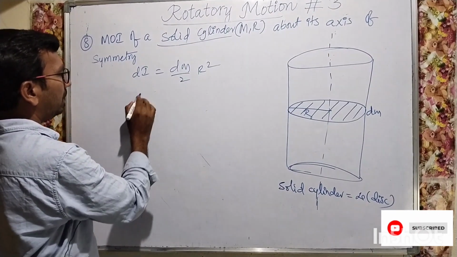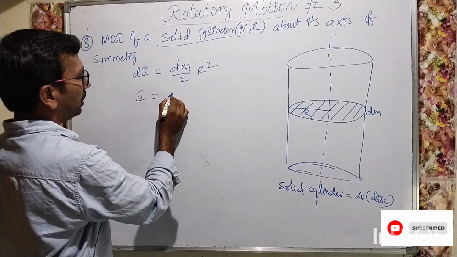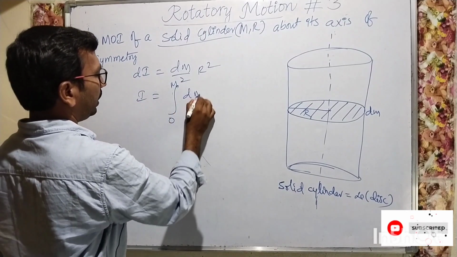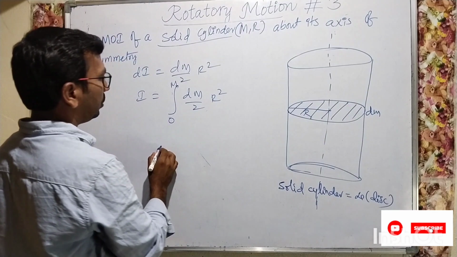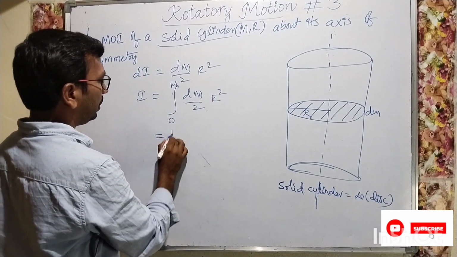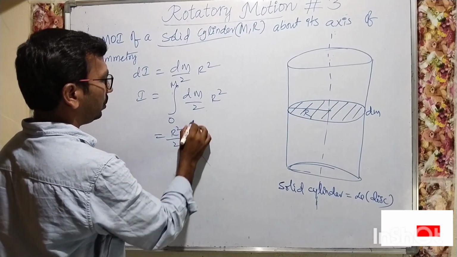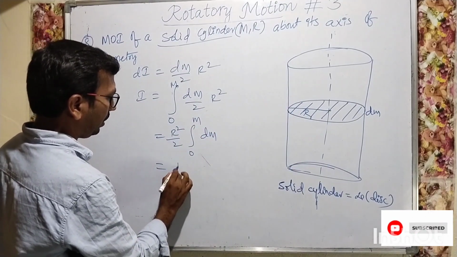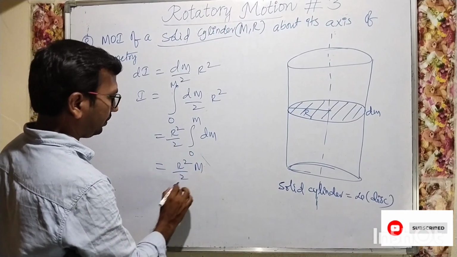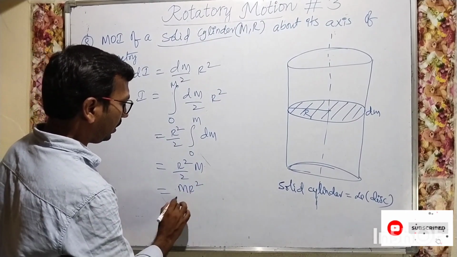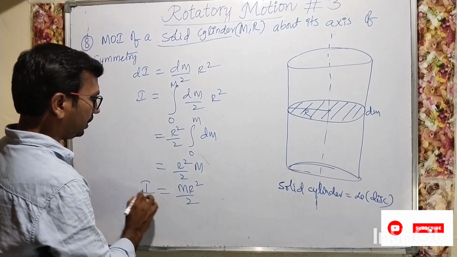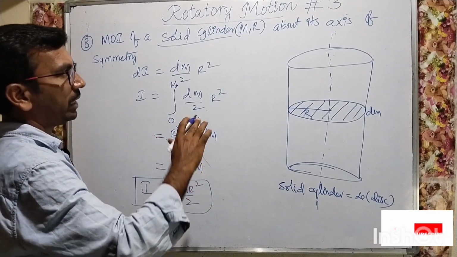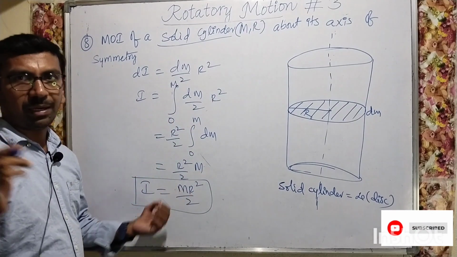You can find the moment of inertia by integrating from 0 to M of (dm/2) R². Here R²/2 is constant, and the integral of dm from 0 to M becomes the total mass, so we get (R²/2) × M. So this is the moment of inertia of a solid cylinder of mass M about an axis of symmetry: I = MR²/2.